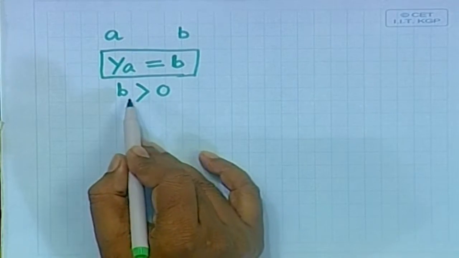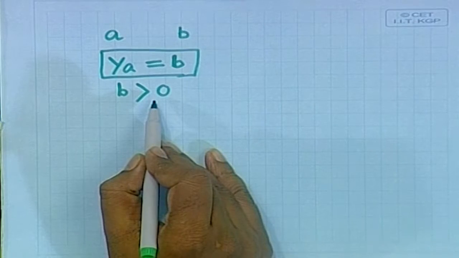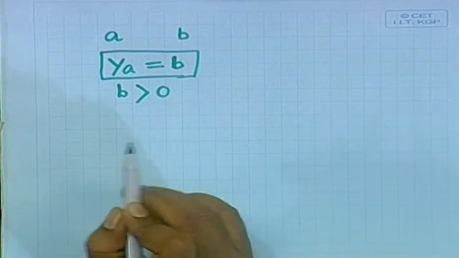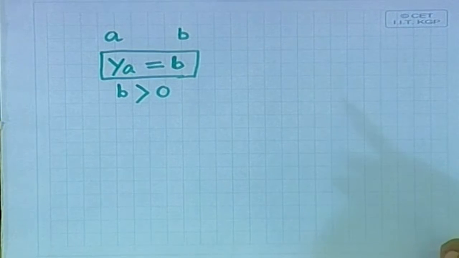While doing that, when we update B, we have to keep in mind that in none of the cases can any component of B be less than 0. We always have to maintain that every component of B is greater than 0.